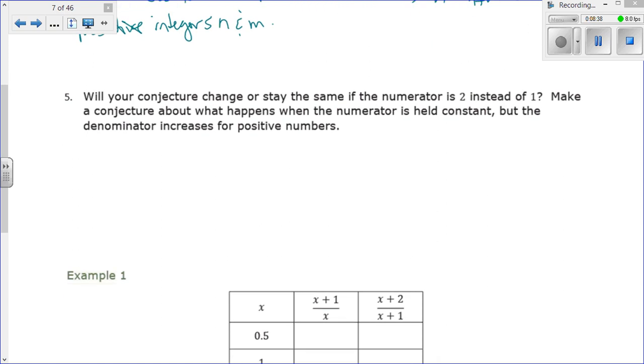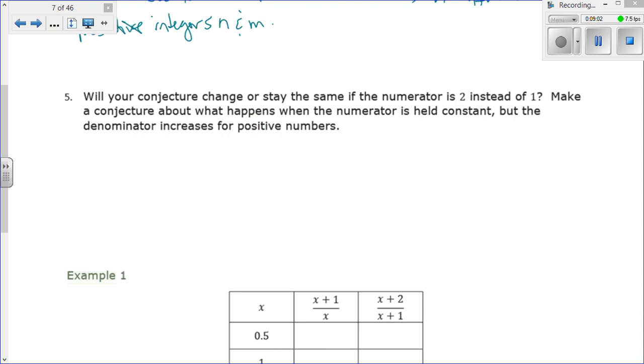Will your conjecture change or stay the same if the numerator is 2 instead of 1? Make a conjecture about what happens when the numerator is held constant, but the denominator increases for positive integers. Well, if you're keeping your numerator at 2, it's really not much different than 1, and your denominator is going to keep getting larger.